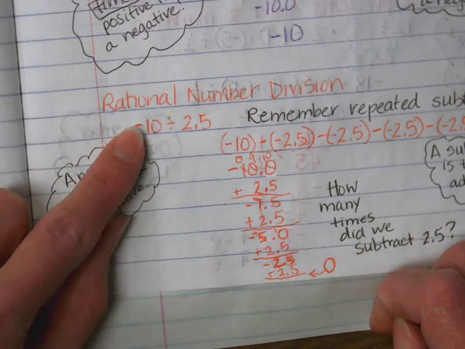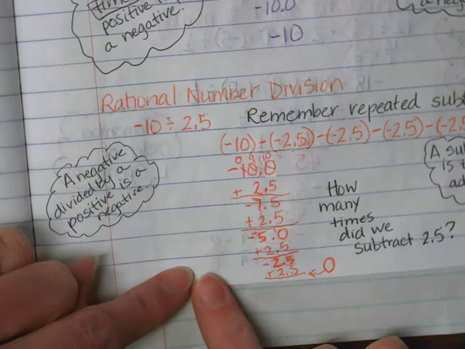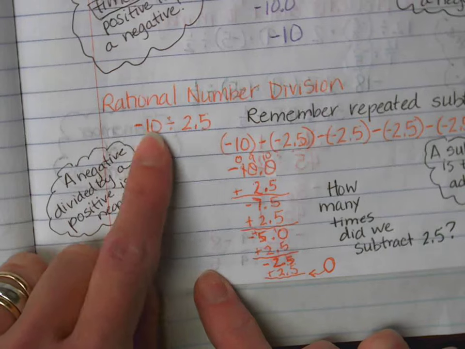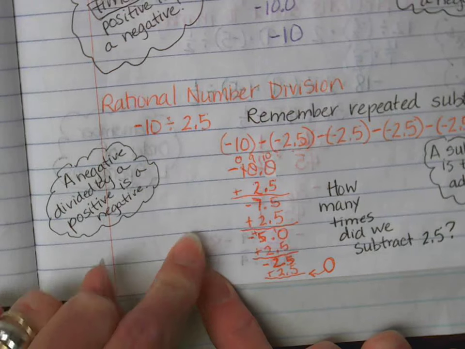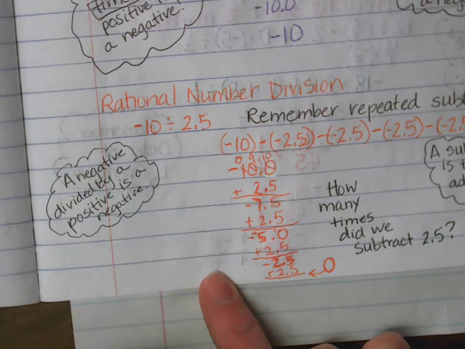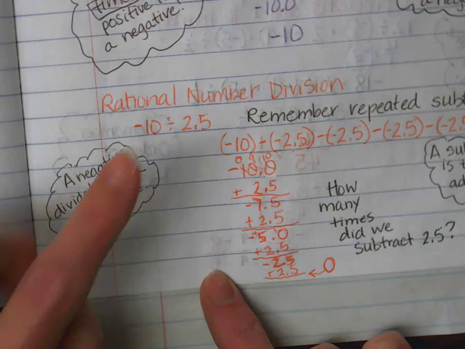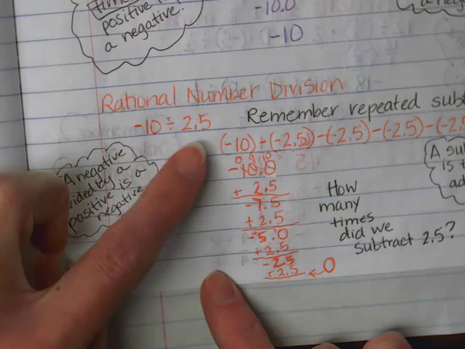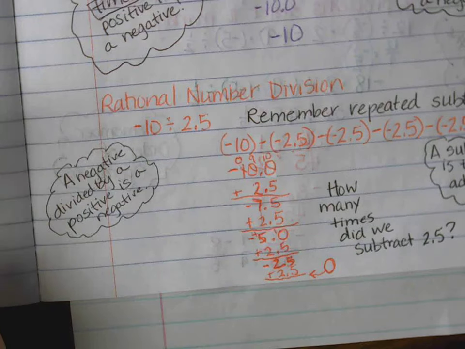So what does the sign have to be? Negative, how many times? 1, 2, 3, 4. So what is the answer to this problem? Negative 10 divided by 2.5 is negative 4, because we took away 2.5 4 times. A negative divided by a positive is a negative. So negative 10 divided by 2.5 is a negative 4.